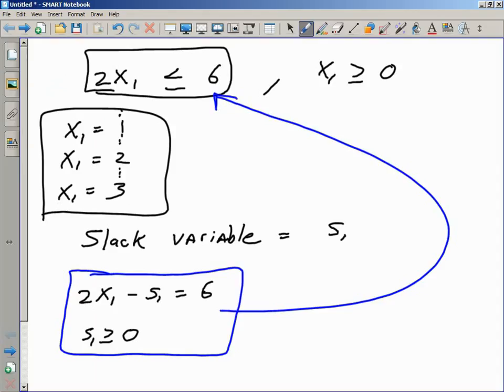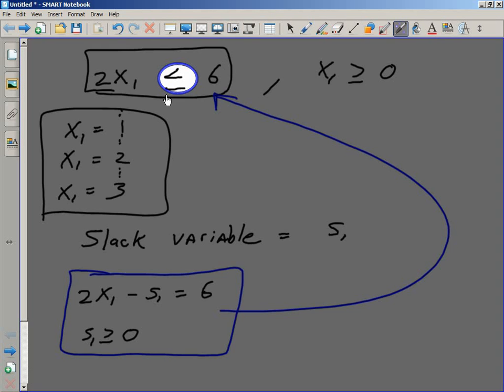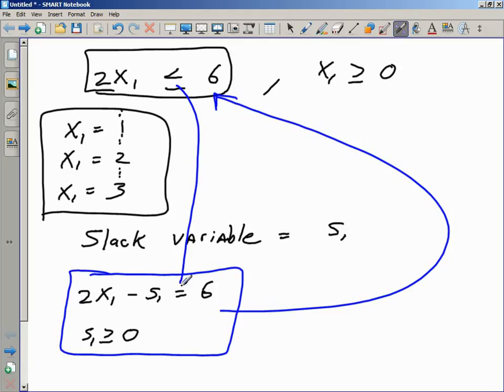Okay? So what I've done is I swapped out this inequality for an equation which simplifies this problem. But in the process of swapping it out, I ended up having to subtract what's referred to as a slack variable.